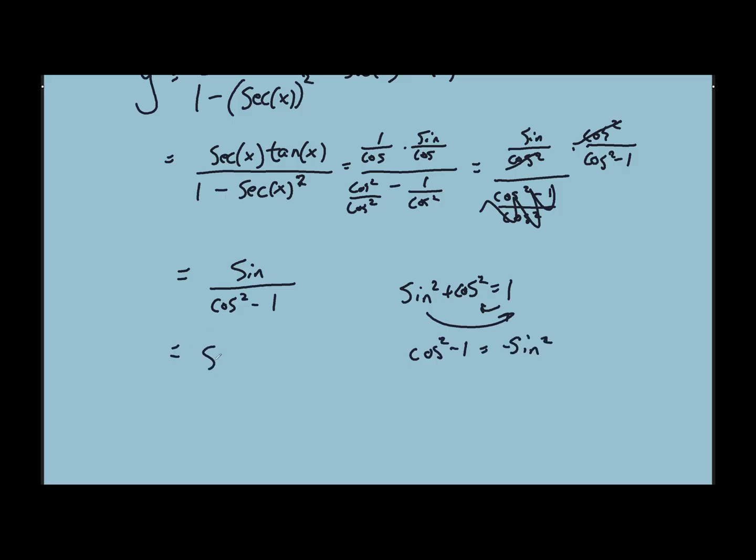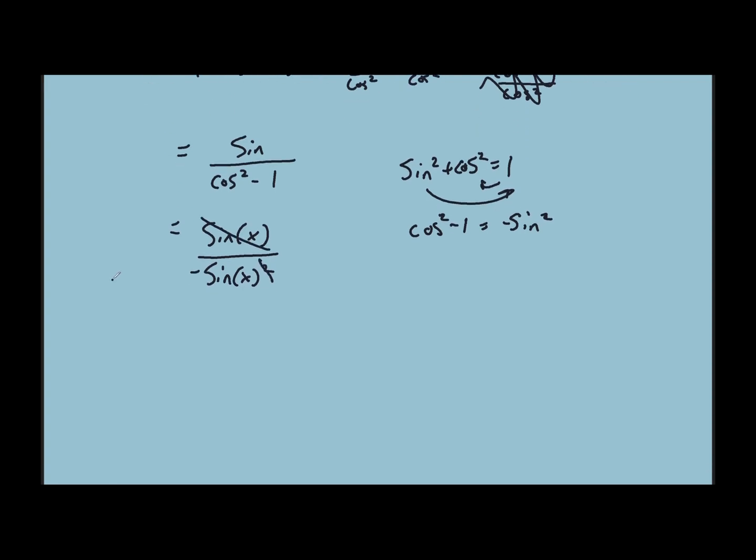So I can write this as sine of x over negative sine of x squared. One of these will cancel, and I'll get negative 1 over sine of x. So that is going to equal negative cosecant of x, and that is our answer.